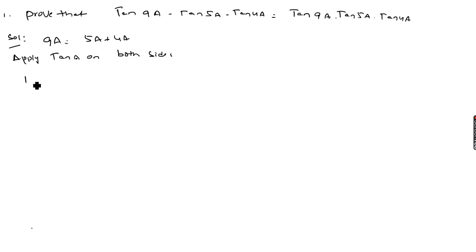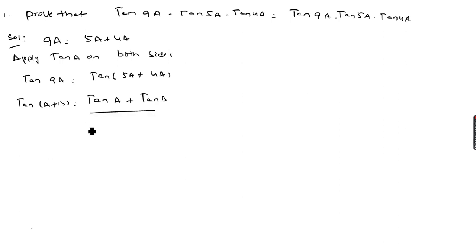So we get that tan 9a is equal to tan of 5a plus 4a, and this is nothing but tan a plus b. The formula for tan a plus b is equal to tan a plus tan b by 1 minus tan a into tan b.